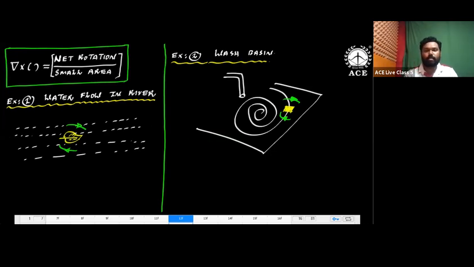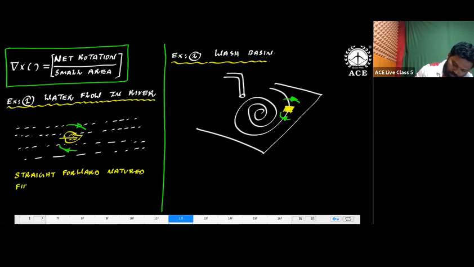So the important statement here: straightforward natured fields may also have curl.